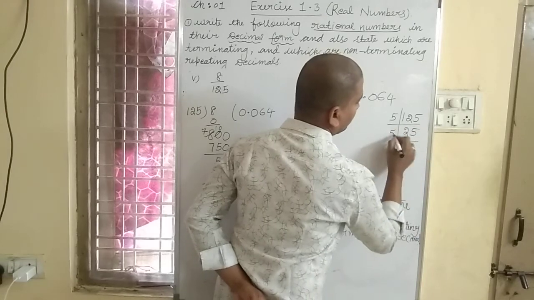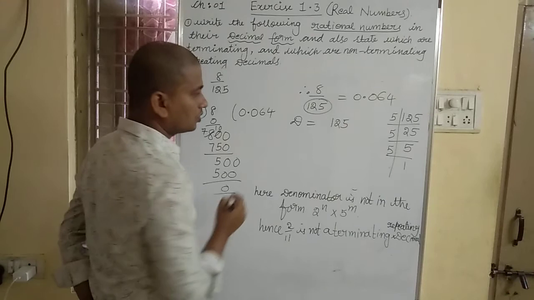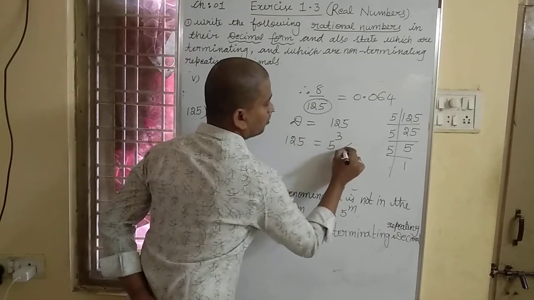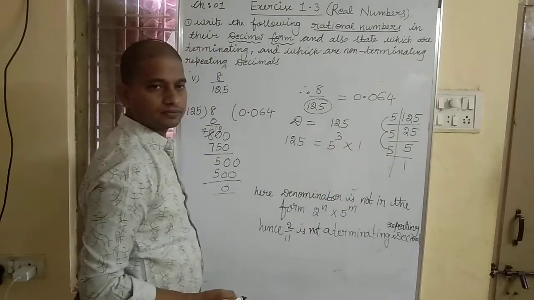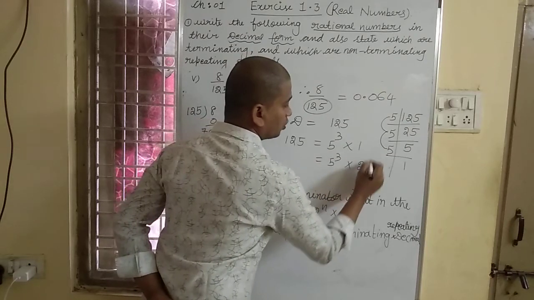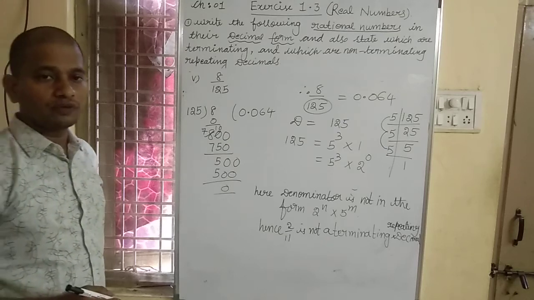5 times 25 is 125. So 125 I can write as 5 cubed into 1, because 5 is repeating 3 times. 1 I can write as 2 to the power 0.